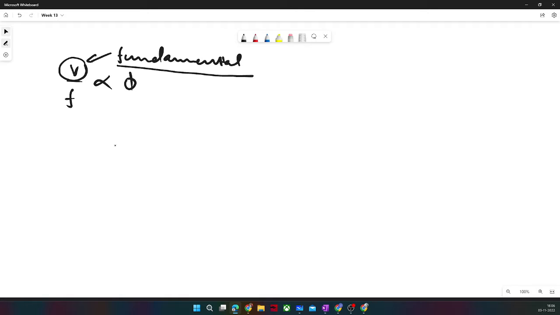So we will see what that is. I will draw a basic single phase inverter circuit here.